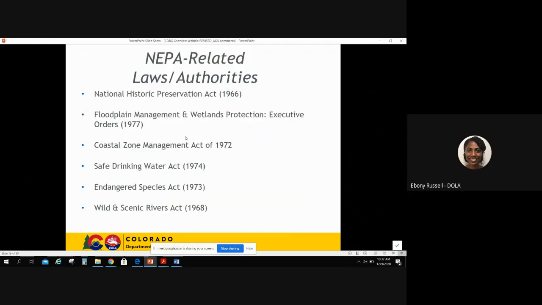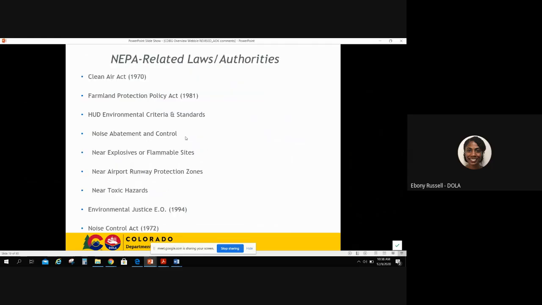And so the related laws that the environmental review ensures you're in compliance with are here. A big one is the National Historic Preservation Act, the Floodplain Management, Wild and Scenic Rivers, the Clean Air Act.